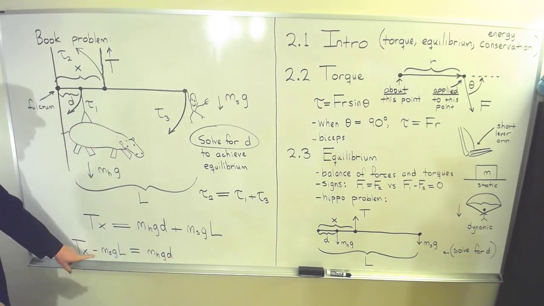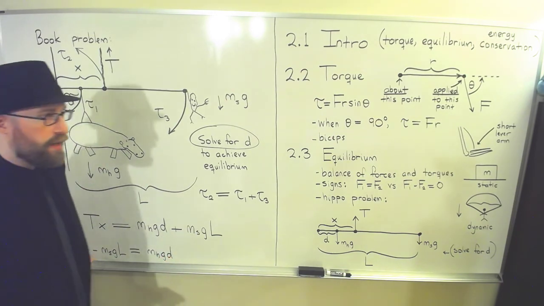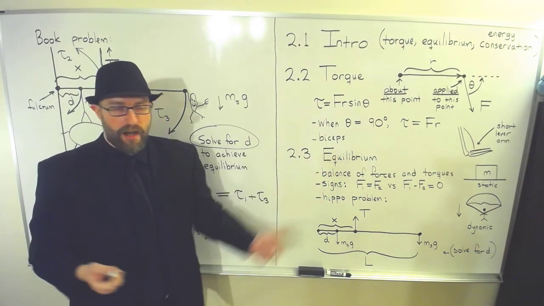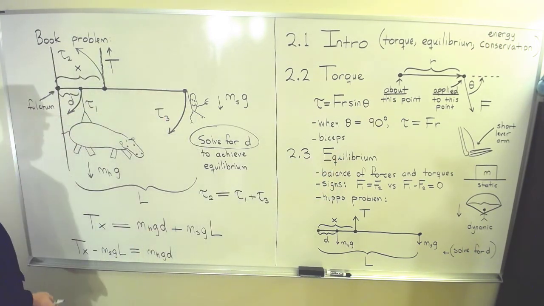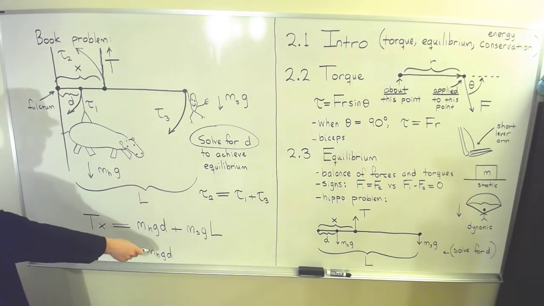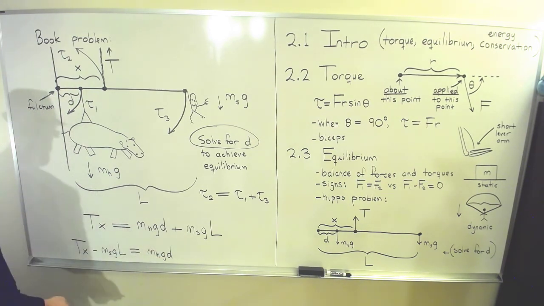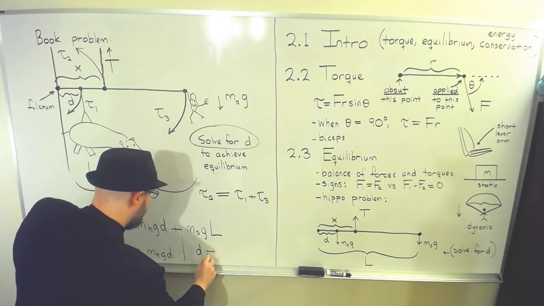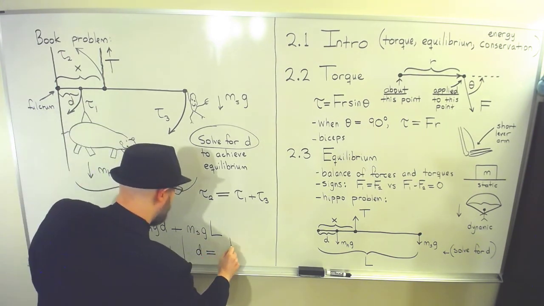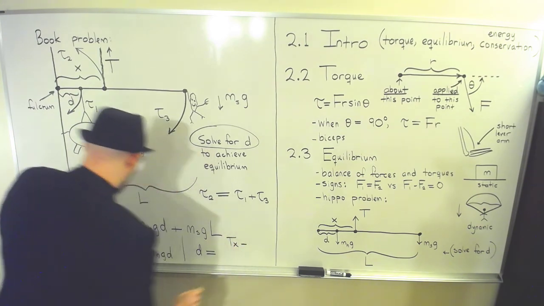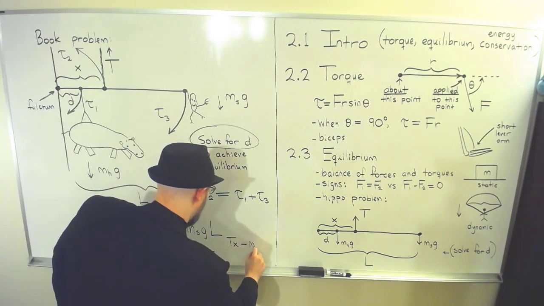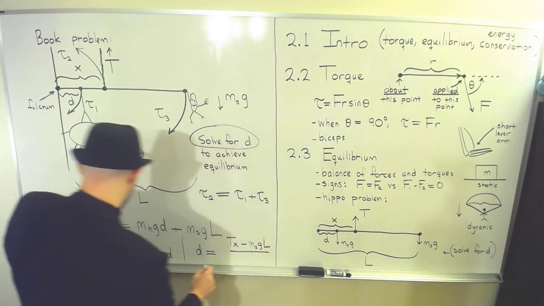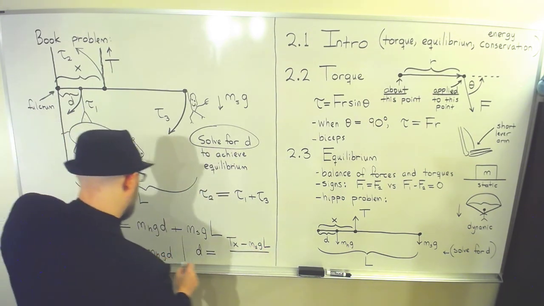See, you know, you're going to get minus signs sometimes anyway, and that's part of the reason why I'm not really giving you advice whether you should avoid minus signs in the beginning or not. You know, sometimes they just show up. And then you're going to divide both sides by this mh g to isolate the d. And so what you'll end up with is that d equals, what does it equal? Well, it's just this algebraic expression, Tx minus mc g L over mh g.